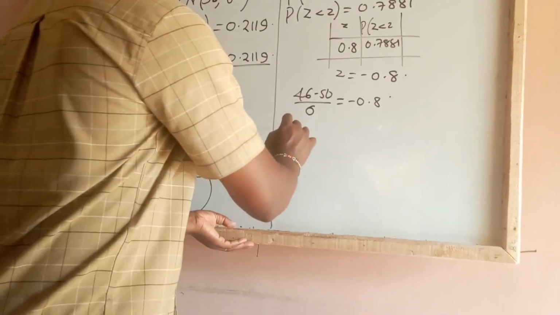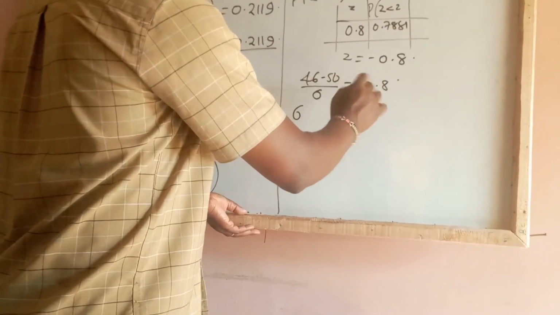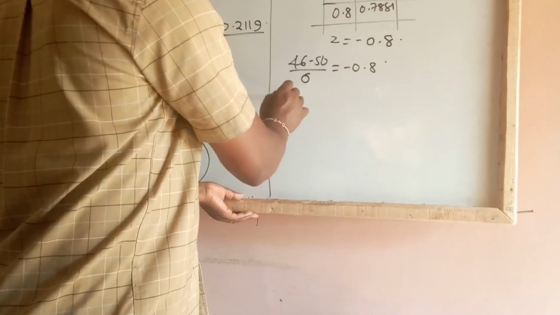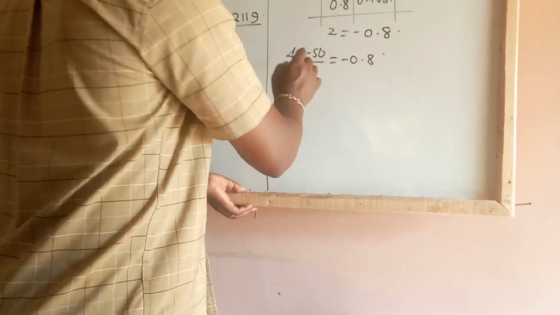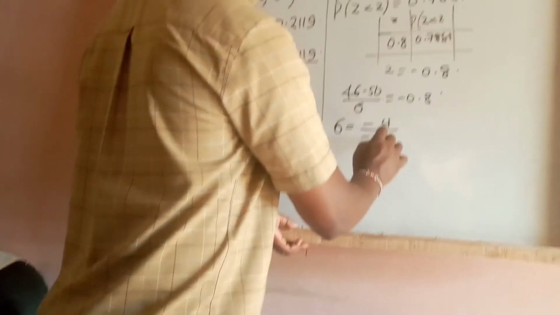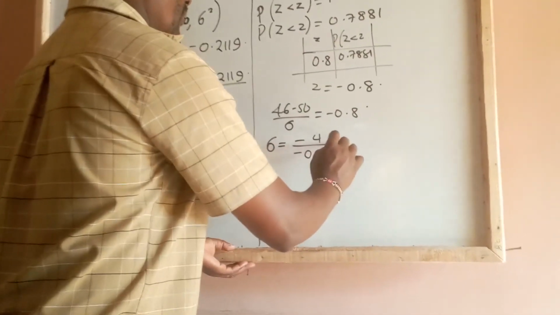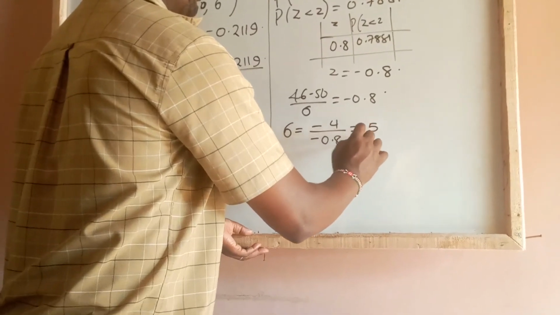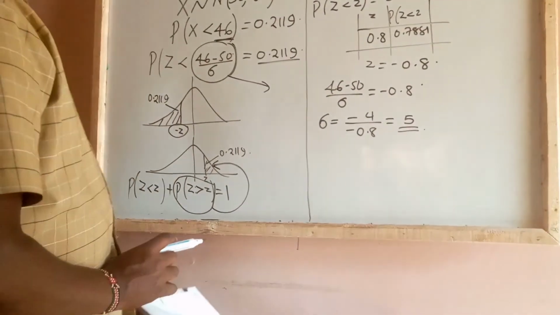Therefore, if you cross multiply using basic algebra, you'll find that it is negative 4 over negative 0.8, which gives us 5. So our standard deviation for that very question is supposed to be 5.